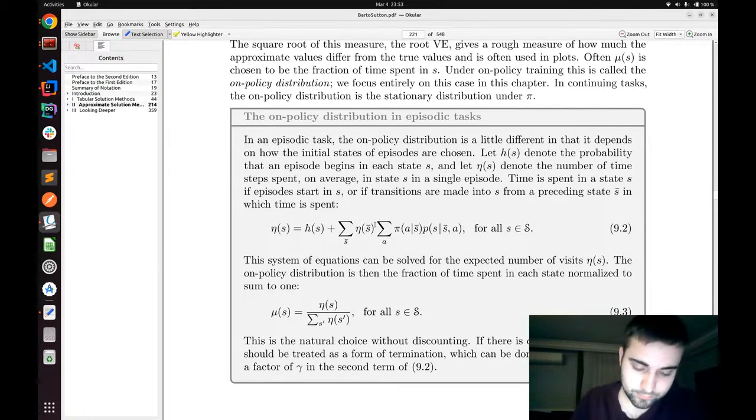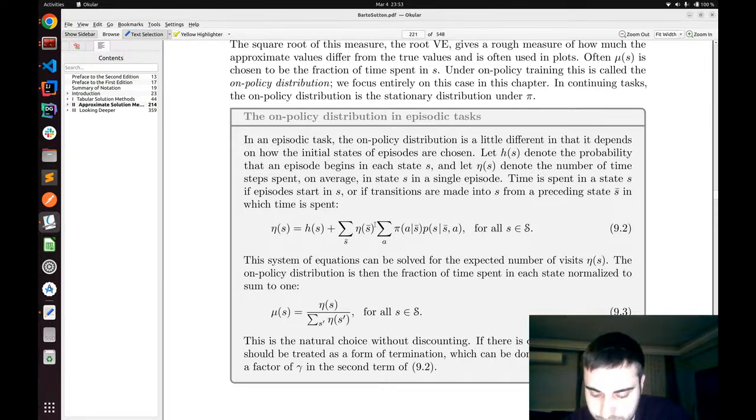I have to draw on my phone, a backup diagram. So we have actions 1, 2, 3.